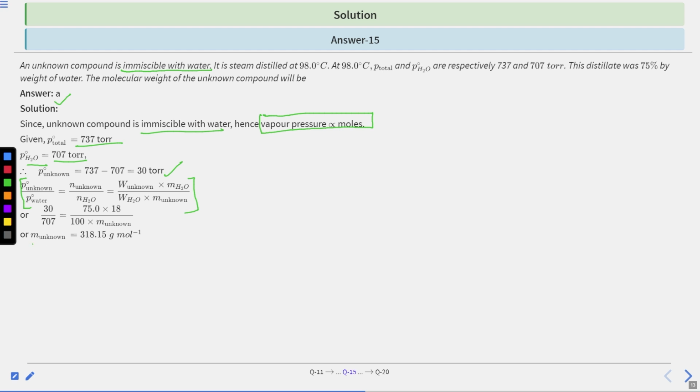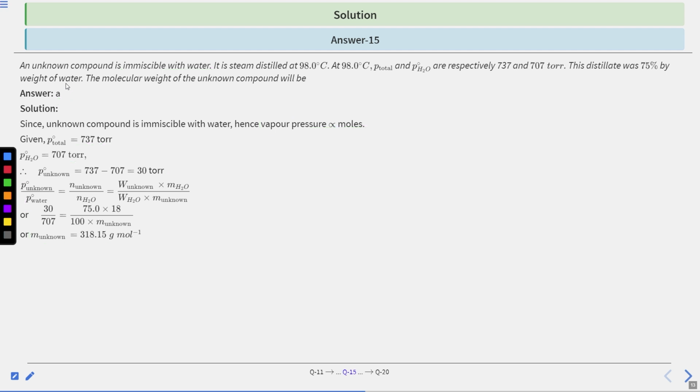So from this, the molar mass of the unknown compound is calculated as 318.15 gram per mole. Okay, hence option A is the correct answer.